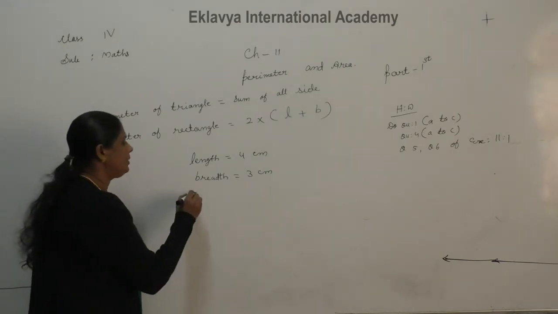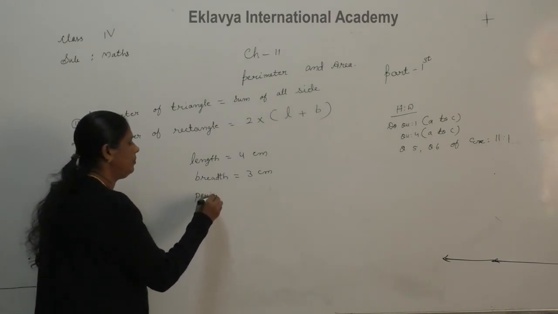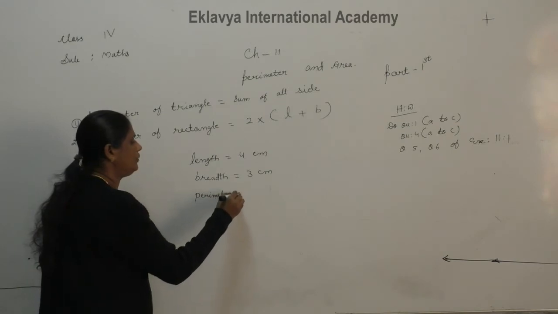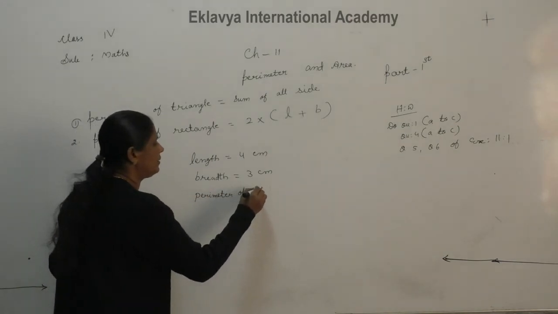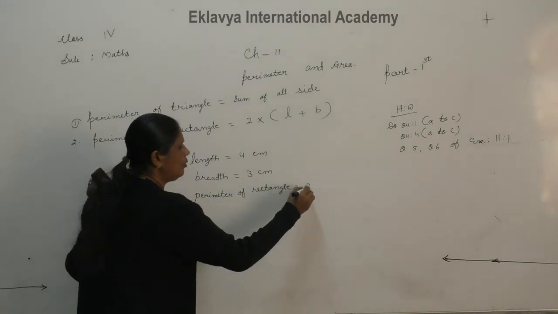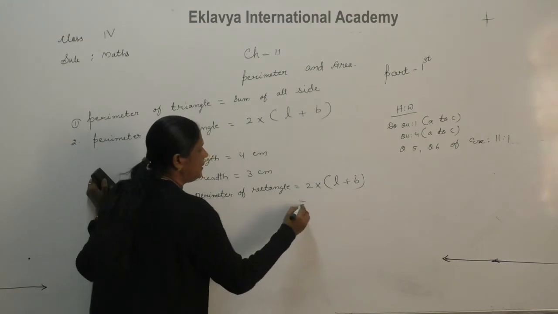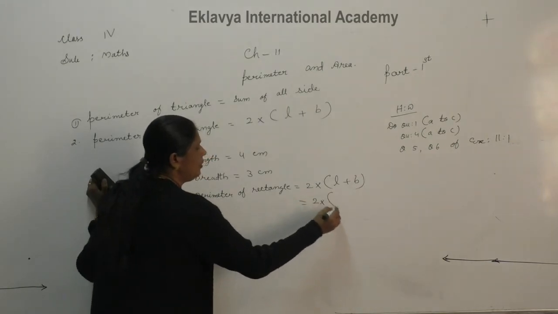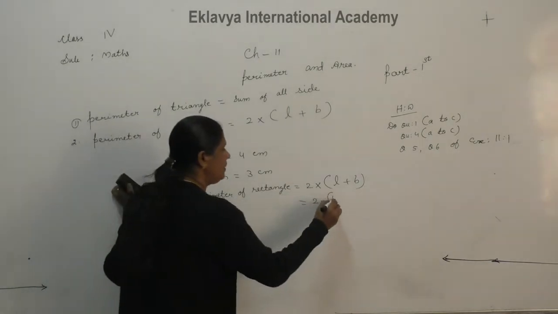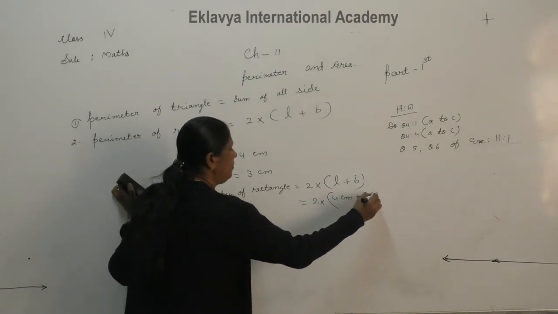First you write the formula. Perimeter of rectangle is equal to 2 multiply L plus B, that is 2 into L 4 centimeter plus 3 centimeter.